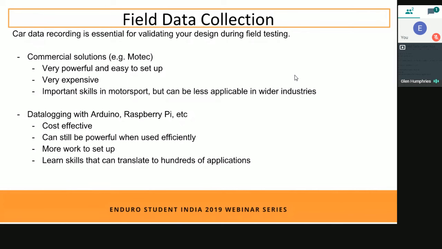Bear in mind, with a commercial solution like Motec or something similar, often the sensors are also very expensive. Whereas with our smaller, cheaper solutions, often the sensors are really simple, off the shelf components. It can still be powerful if you can set it up efficiently. With a commercial solution, you do get what you pay for.